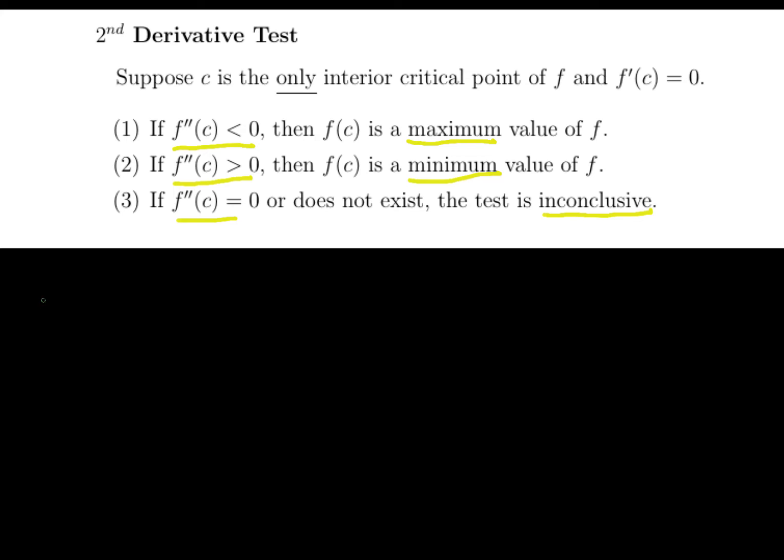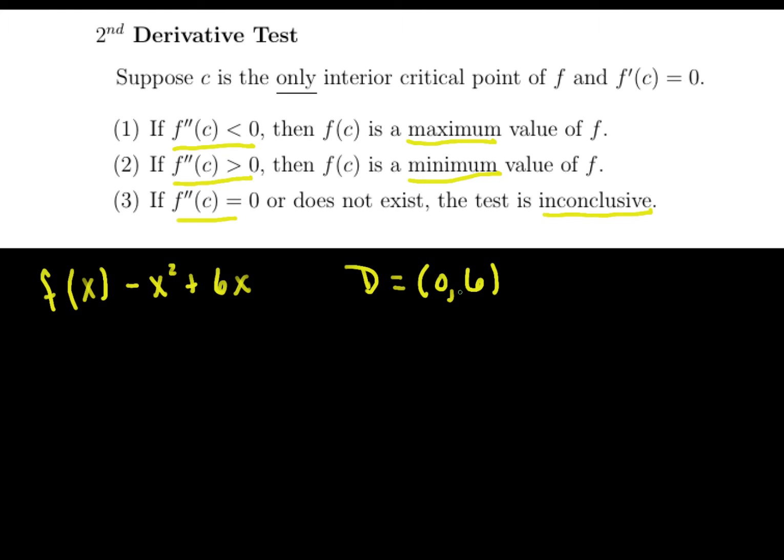Let's look at an example. Let's say f of x is negative x squared plus 6x, and we'll look at the domain where x is between 0 and 6. So this is an open interval.